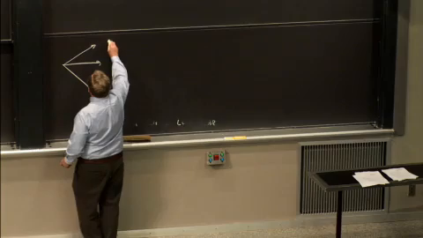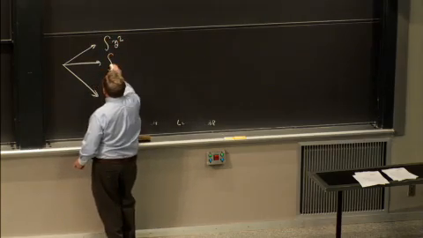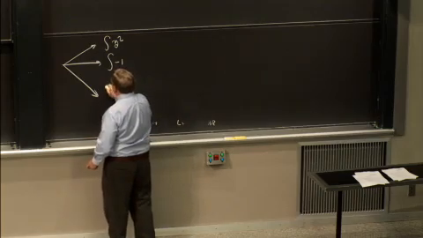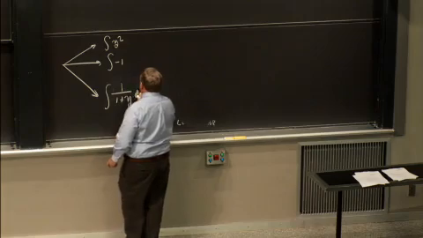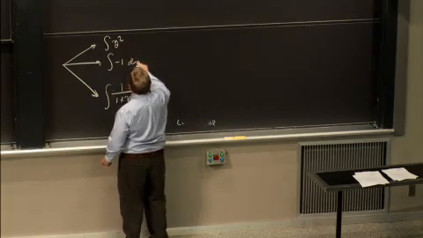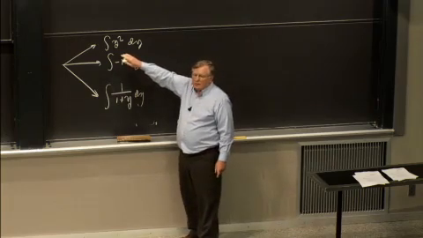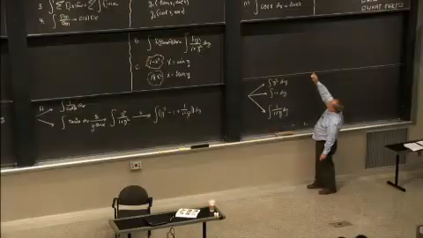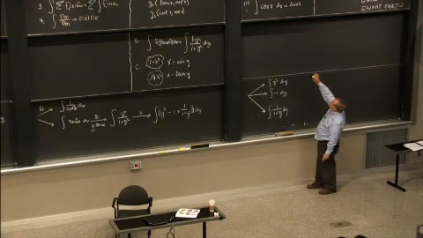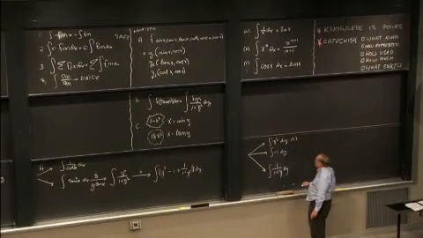The top piece is the integral of y squared, the middle piece is the integral of minus 1, and the bottom piece is the integral of 1 over 1 plus y squared dy in all cases. Gosh, if I look this up, I found it. That's up there. That's letter B. So I'm done with that.